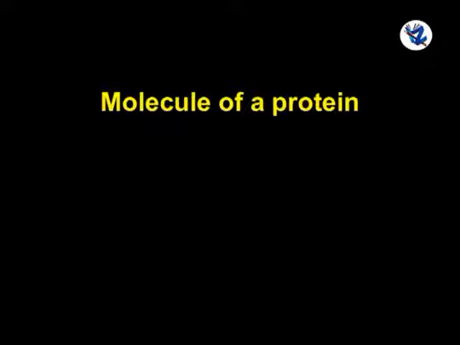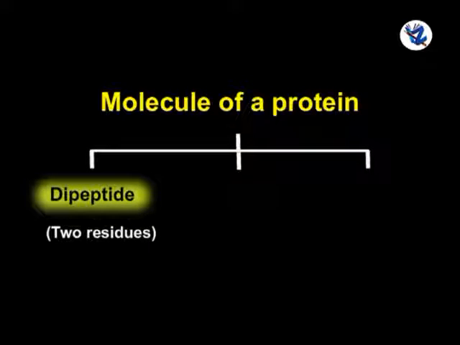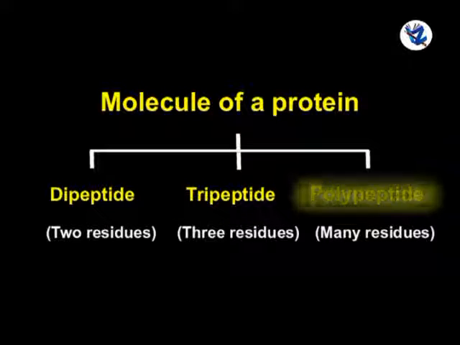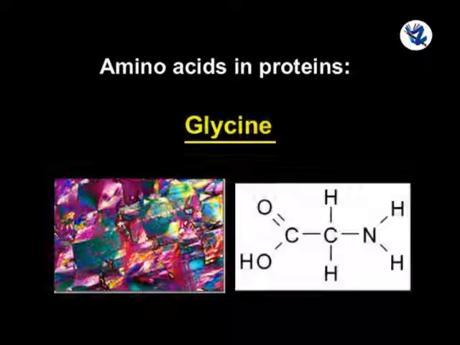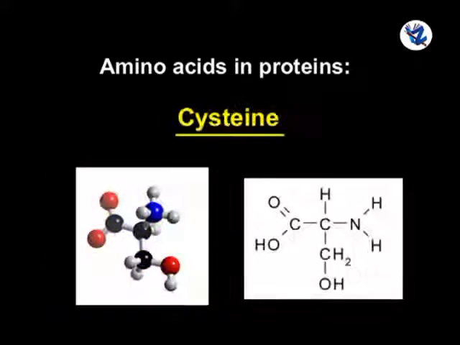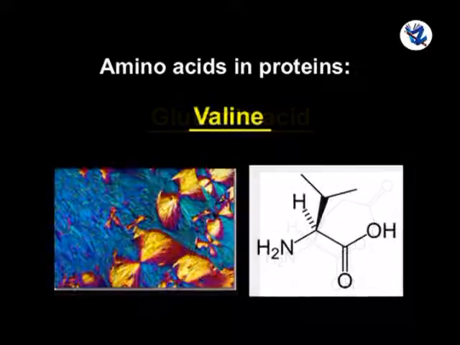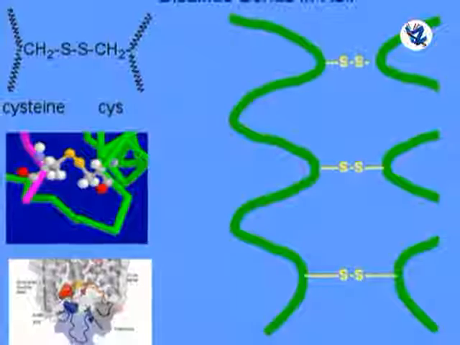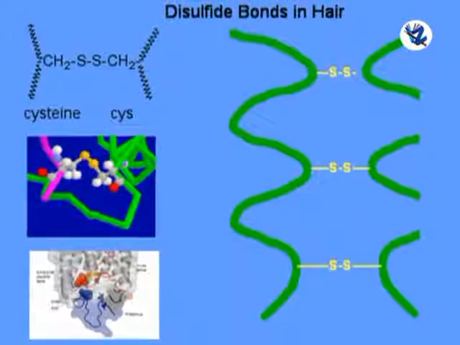A molecule of a protein made up of two amino acid residues is a dipeptide, of three residues a tripeptide, and of many residues a polypeptide. Now these are some amino acids which occur in protein: glycine, alanine, cysteine, aspartic acid, glutamic acid, valine, threonine, etc. A protein molecule may consist of additional special bonds called disulfide bonds.